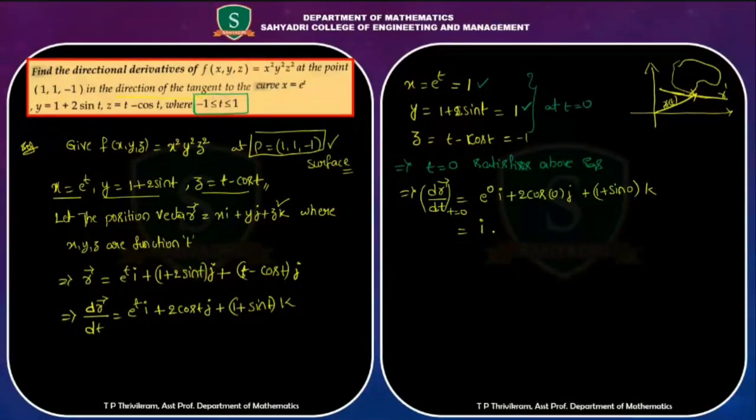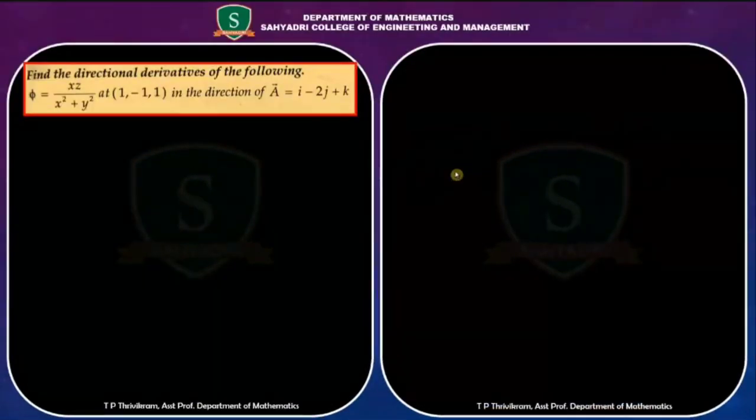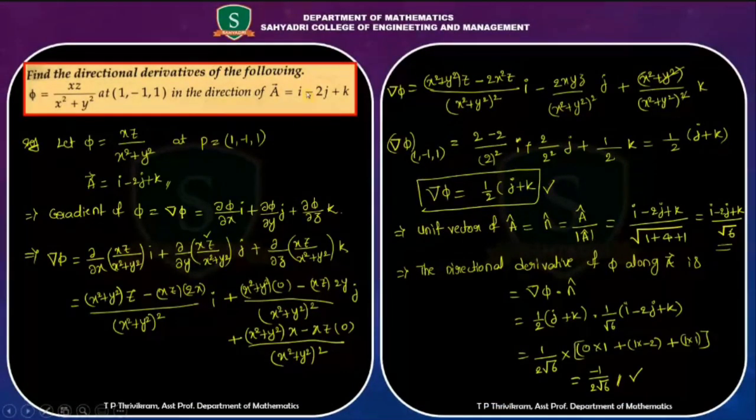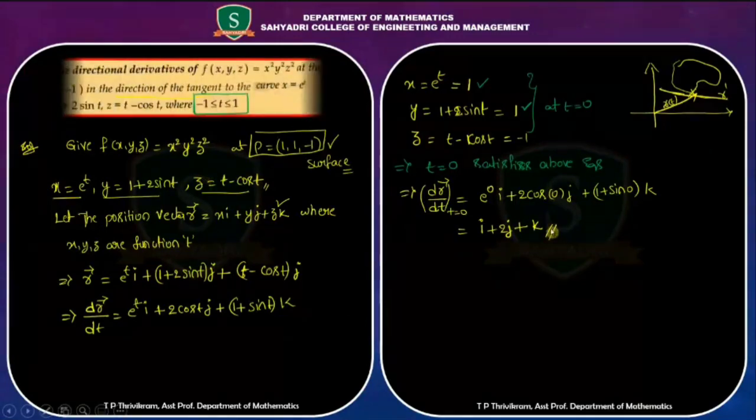That means i plus 2j plus 1k, so this is your required vector. In the previous problem, he had given that vector directly. Now in this problem, we have found that vector.